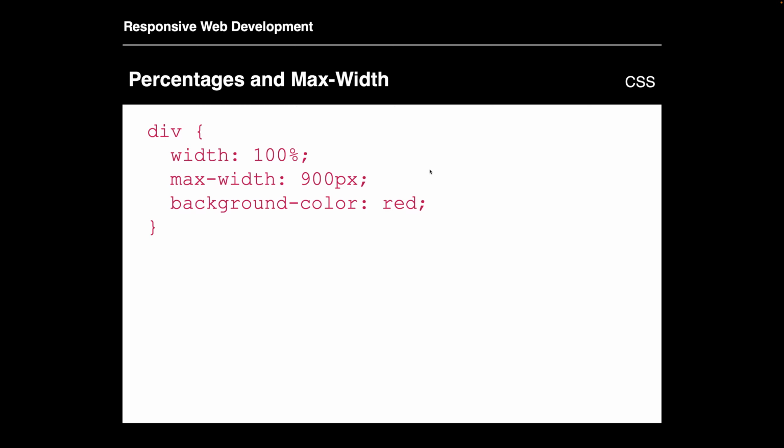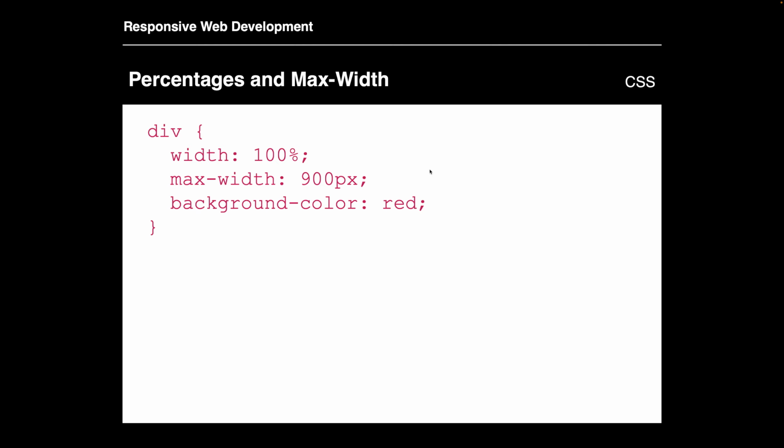So let's just talk a little bit about each one of these. This is an example of how you can use percentages and max width together. If I have a containing div that is basically containing all my content on my website, and I want it to scale down based off the width of the browser window, then I can give it a width of 100%. So it'll be 100% the width of the browser window.